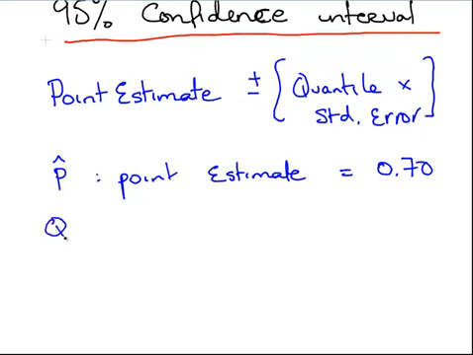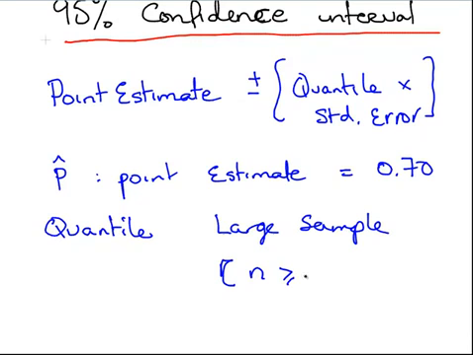Now, the quantile. I'm not going to do too much on the quantile in this video. Just suffice to say, it's a large sample, that the sample size is greater than 30. You would usually tend to get large samples with proportions. The small sample size thing usually comes when you're dealing with sample means.